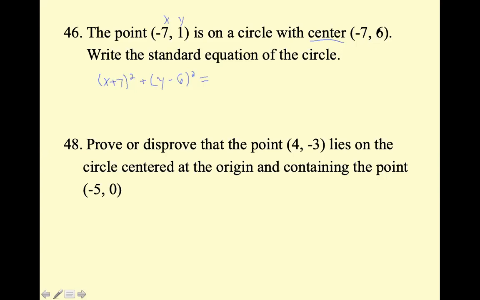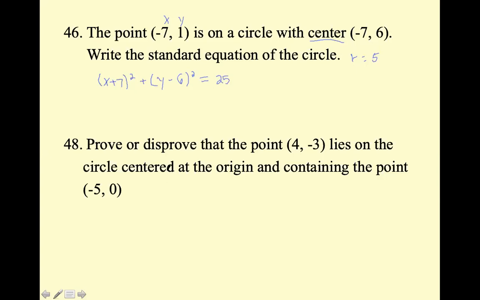How far is 1 from 6? Hopefully you said it was 5 units. So that means my radius is 5. To go from 1 to 6, I've gone a total of 5 units. So this equation turns into x plus 7 squared plus y minus 6 squared equals 5 squared, which is 25.